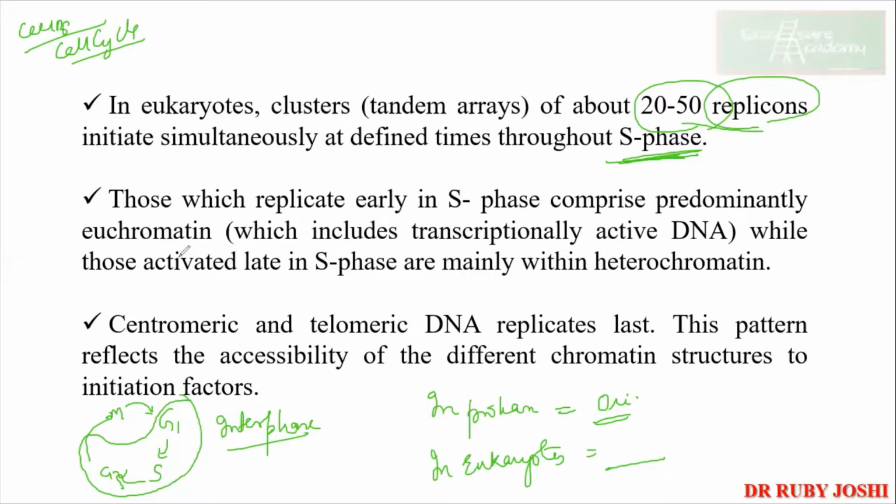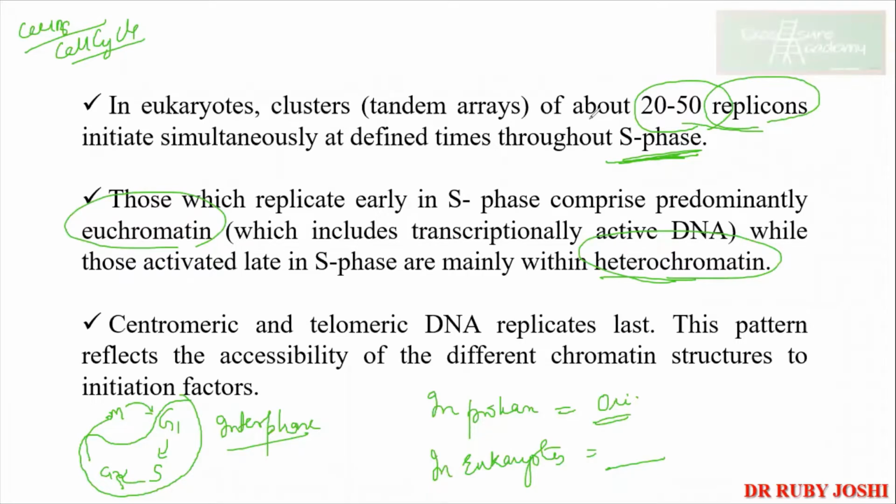Okay. Those which replicate early in S phase comprise predominantly euchromatin, which includes transcriptionally active DNA, while those activated late in S phase are mainly within the heterochromatin. Now, who can tell me what euchromatin and heterochromatin are? Yes, anyone?